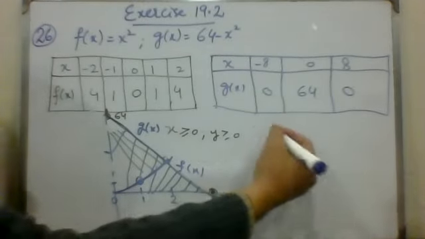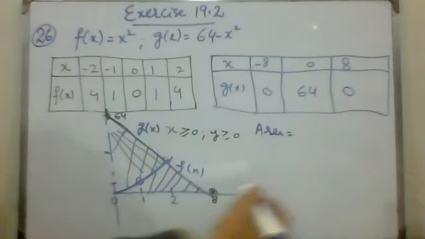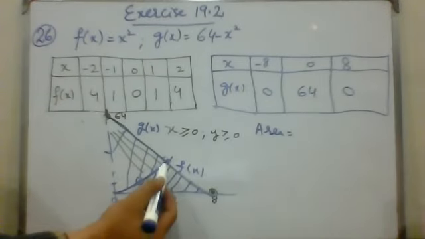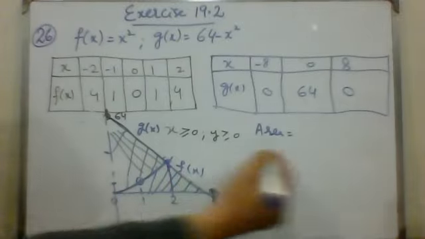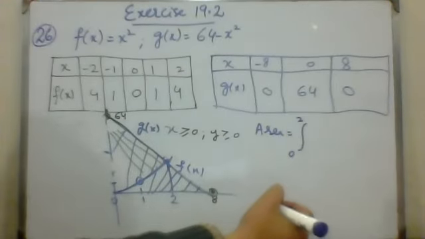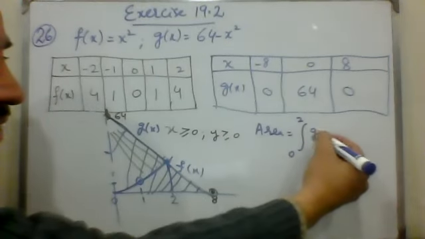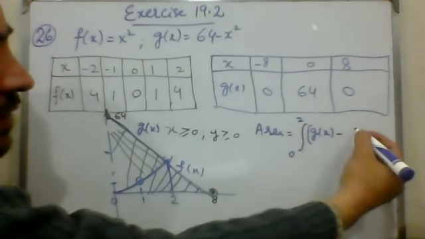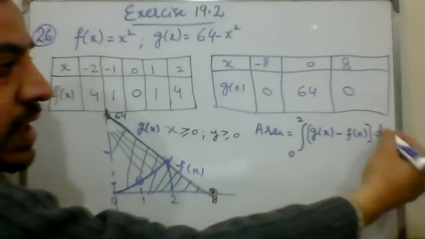We use the formula: area is equal to the integral over the region. You have to identify the region, from 0 to where they meet, that is 2. So from 0 to 2, the first function g of x subtracted by f of x, dx.